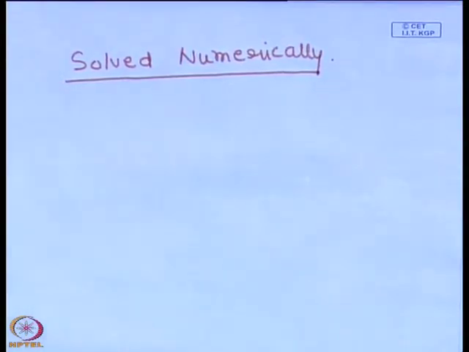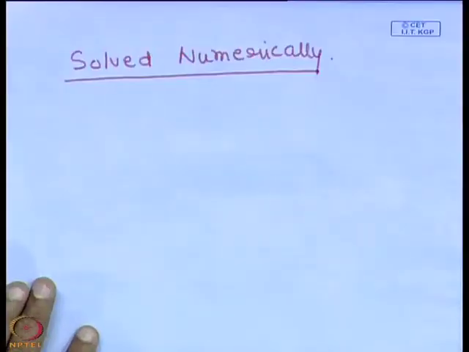It is not tractable analytically, this exercise. It is a complicated set of equations with various conditions. So, the whole thing is put in a computer and it is solved numerically.